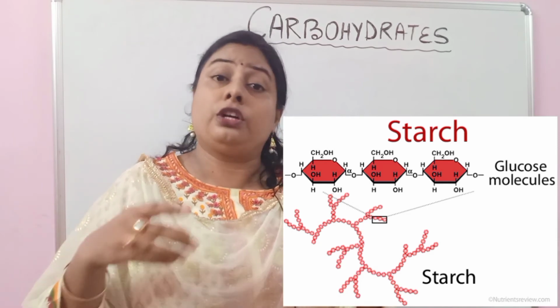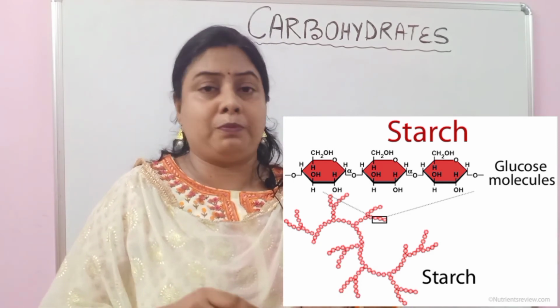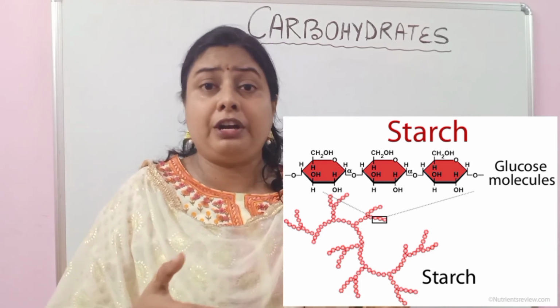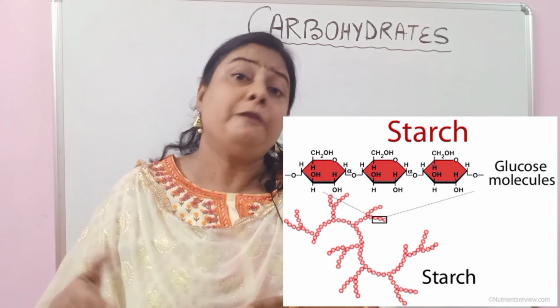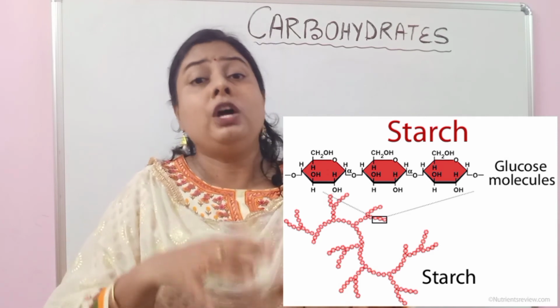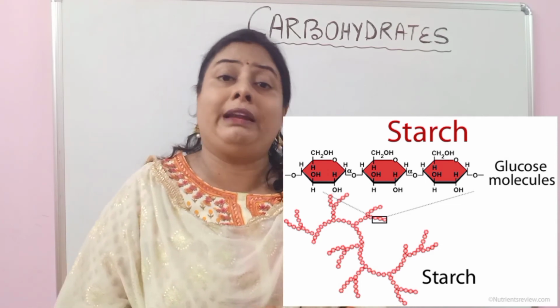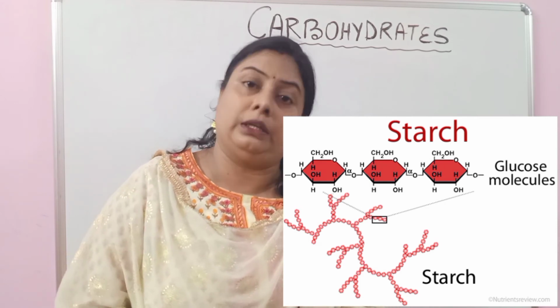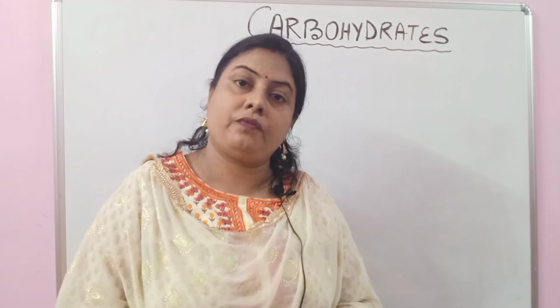That is because the glucose that was formed in the plant body was immediately converted into starch. The starch has 2 components, amylose and amylopectin. The amylose form can hold the iodine molecule in its 3D conformation and gives blue-black color.